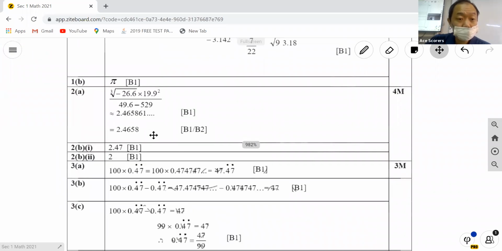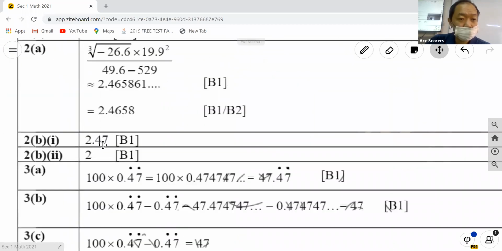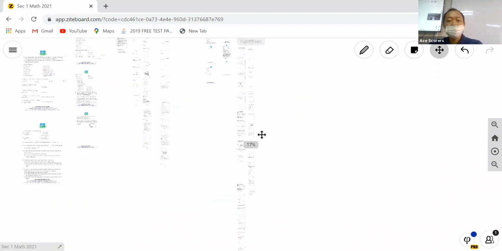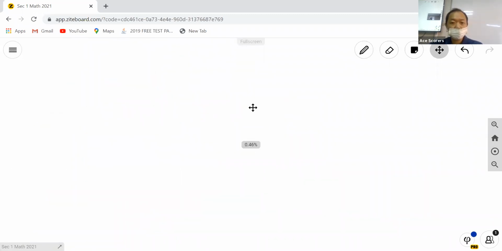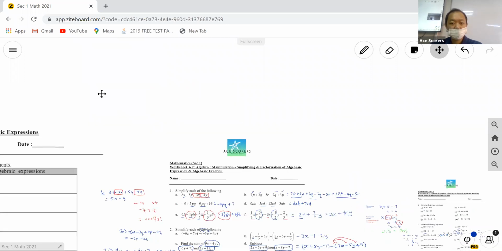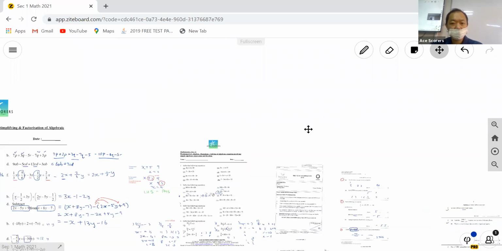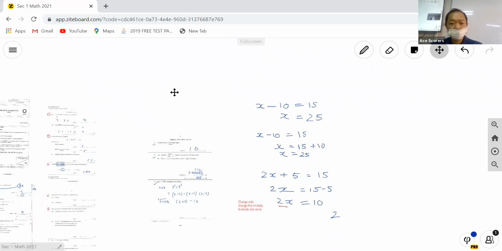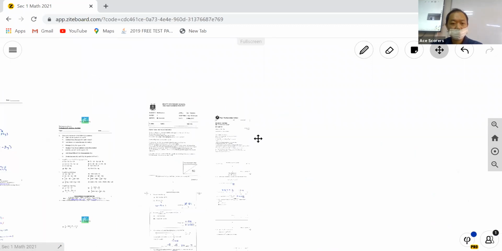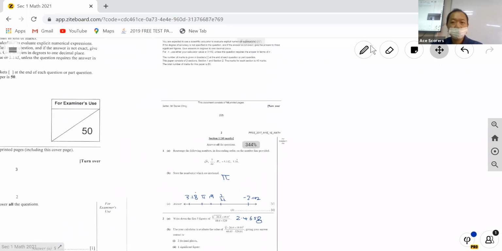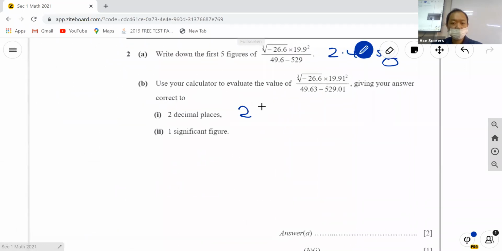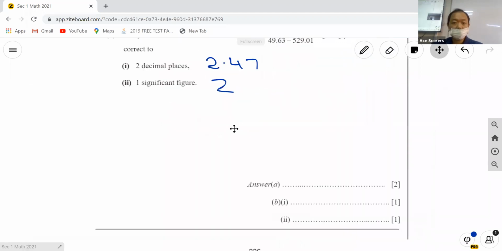Okay, 2B is just 2.47 and 2. So these are using calculators. I don't want to go through them. I think it's fine.